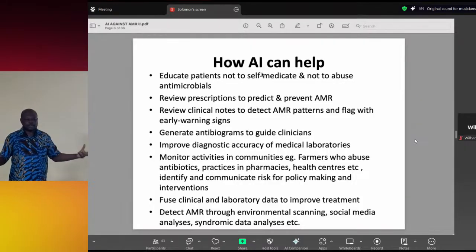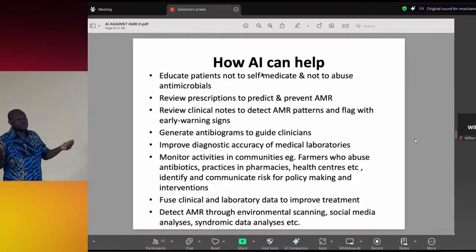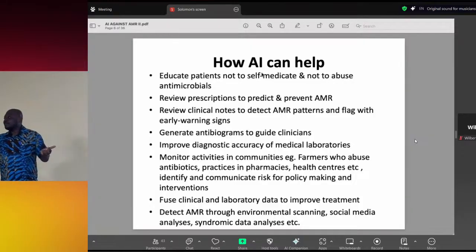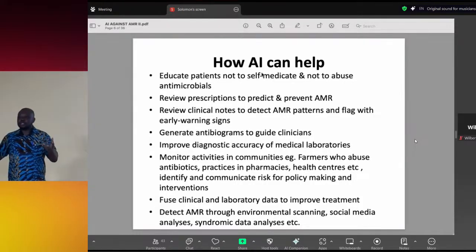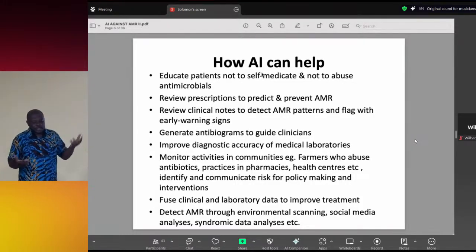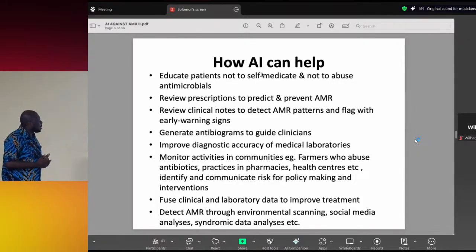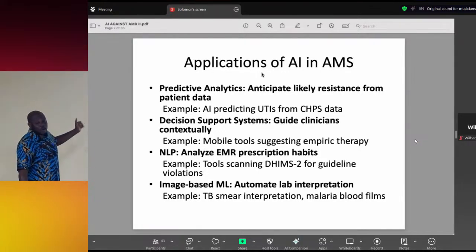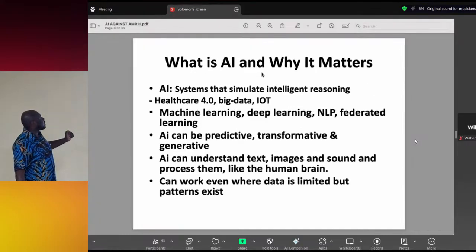Even a large language model, on WhatsApp, ChatGPT can ask you to bring the lab reports, bring the scan, bring the clinician's notes, and it will integrate them, detect hidden patterns, and then bring out more insights from it. Applications of AI in antimicrobial resistance management, I believe I've gone through all these from the little I've talked about so far.